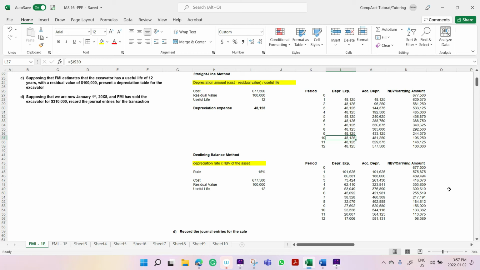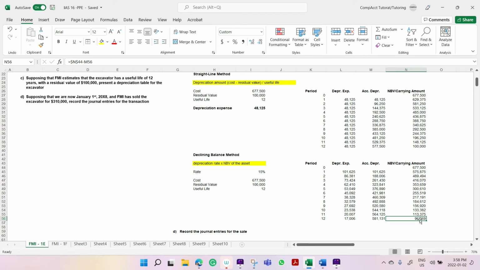The one thing though that I want to make sure of is that in year 12, at the end of the useful life, the 96,369 cannot be there. What needs to be there is 100,000. That's my residual value, right? So that means that depreciation for that year is going to have to be less than 17,006.